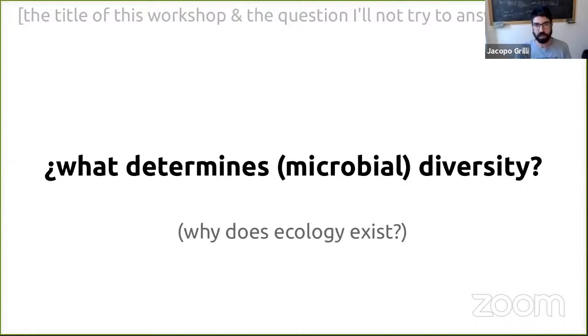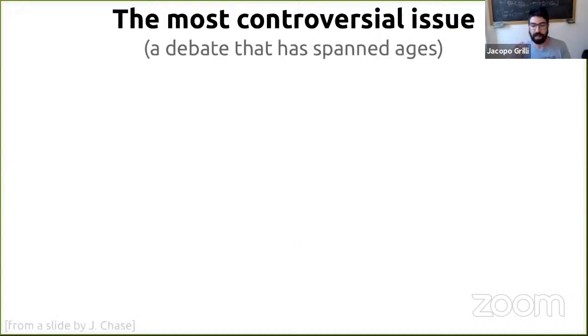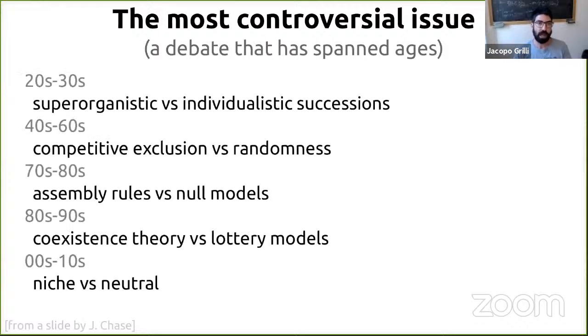I just want to mention that this has been the most controversial issue in the history of ecology, and depending on the decade you were working in, you would have thought of one of the two sides of this battleground. Basically this fight is between two different interpretations of the leading forces determining diversity.